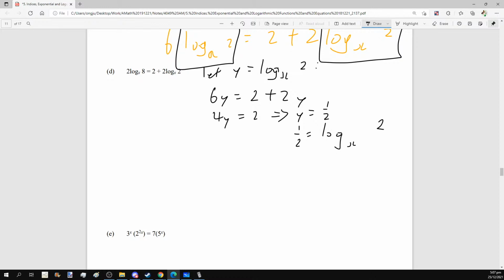In this case, the nice person is half, the ugly person is the entire log. Then, in order to convert back into your exponential form, simply swap the order. So in this case, we have log_x 2 equals half. We can swap this into x to the half equals 2. And obviously, this will give us square root x. And from here, it is clear that x equals 2 squared equals 4. And we are done.